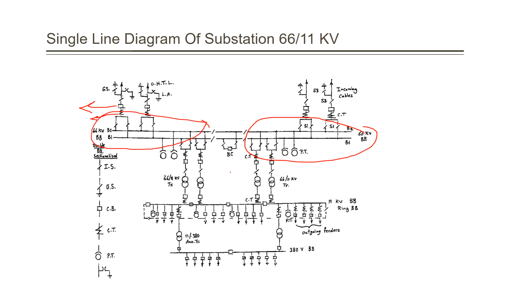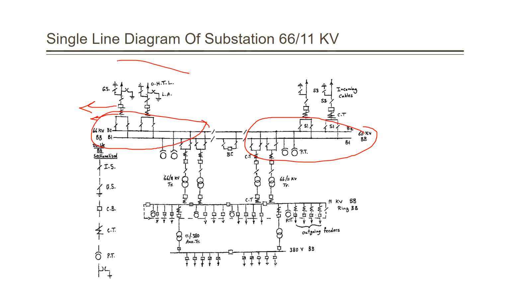If we have an error, or to be more specific, not an error but a fault, in these cables, and we have a problem here and would like to provide power to this part, or to these bus bars, then in order to do this we will have to switch off or switch on these isolating switches to connect these two bus bars.